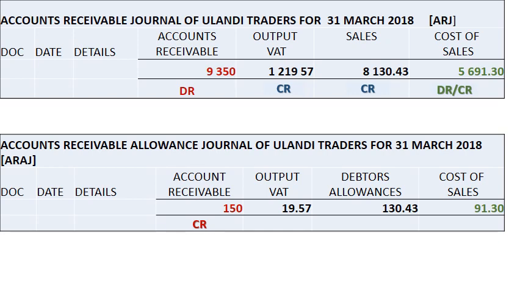Receivable will then be credited. The output VAT debited. The debtors allowance debited. When we add the two, they will give us the total of the credit. Cost of sales will then be credited, while trading inventory will be debited with the goods that were returned.